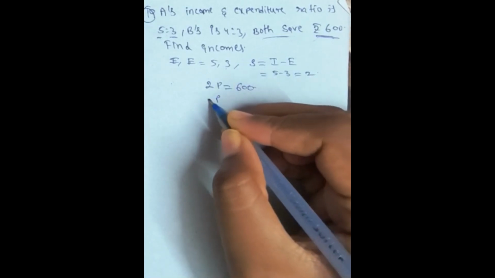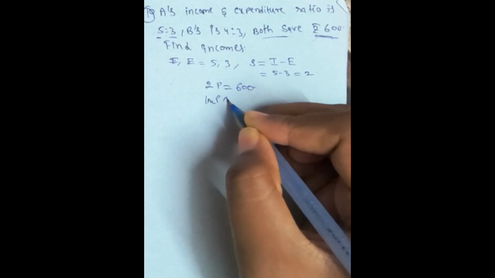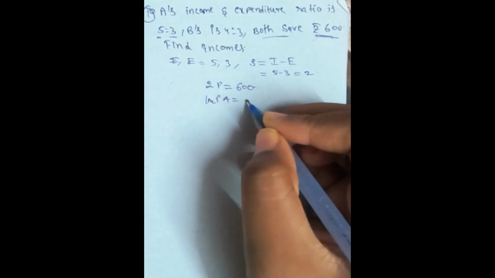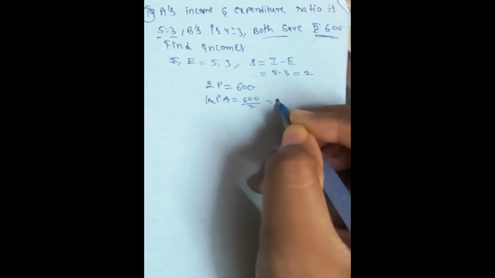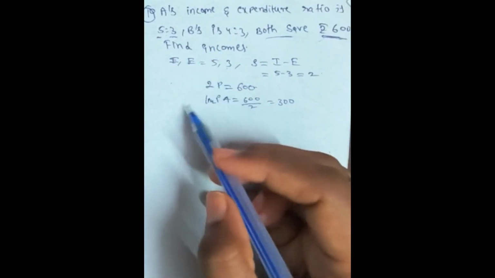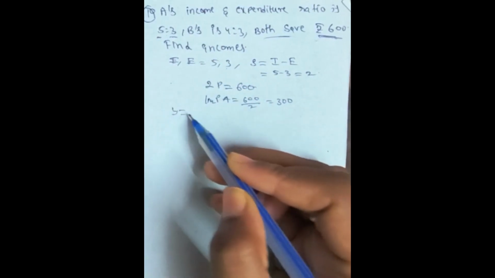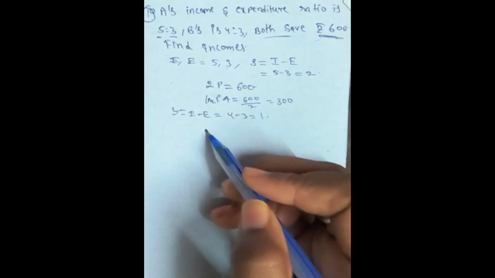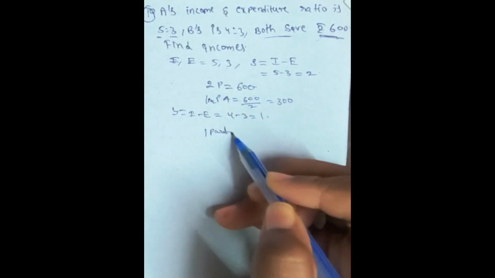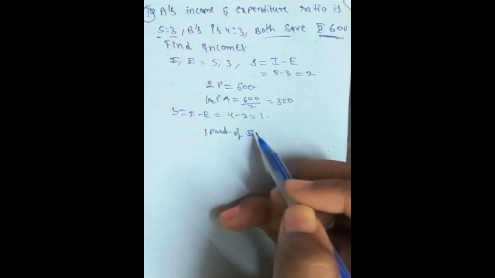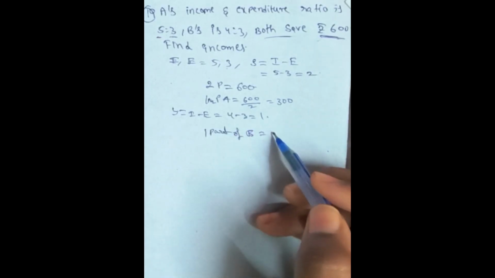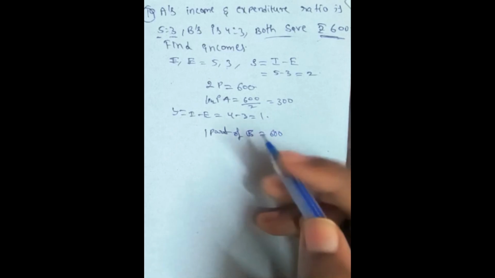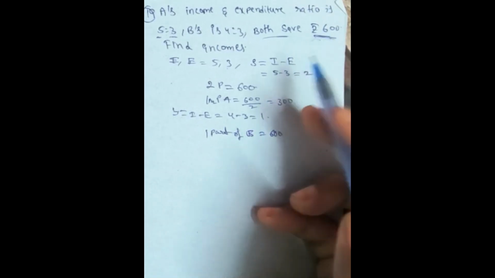So one part of A is equal to 600 by 2, that is equal to 300. And next for B, savings is equal to income minus expenditure. 4 minus 3 is equal to one part. One part of B is equal to 600 because its savings is 600.